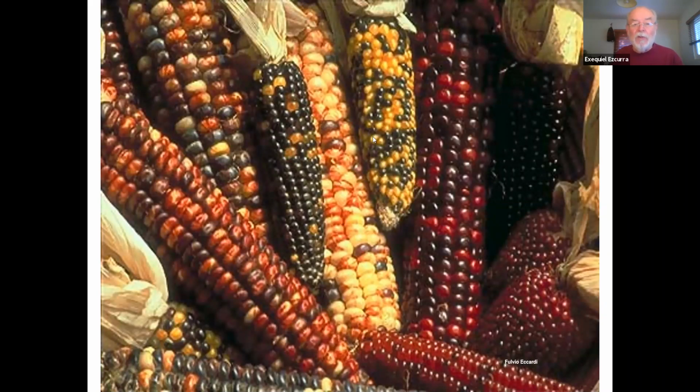The reason why you see them in different colors is because corn, maize, reproduces with cross-pollination with other plants, and the pollen that comes to corn in a heterogeneous population with corns of different colors can have the traits of the father that can be expressed in the grain.